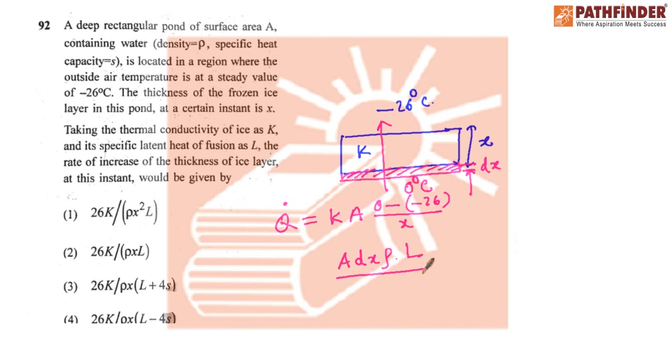So the rate of heat is that divided by dt. These two are equal, so if you equate them, you get dx by dt is equal to k times 26 divided by rho L x, and that is what we had to determine. So option number 2 is correct.